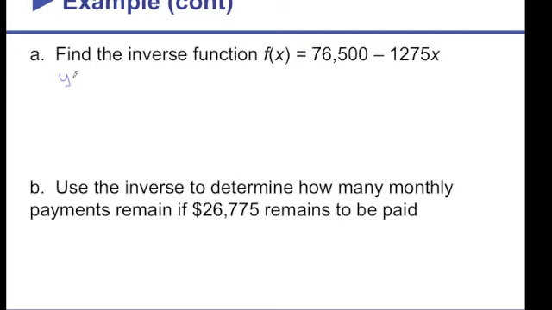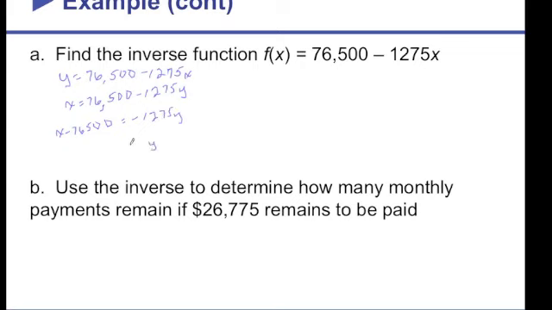We would start y equals 76,500 minus 1,275x, switching the x and y. So x equals 76,500 minus 1275y. Solving for y, x minus 76,500 will equal negative 1275y.